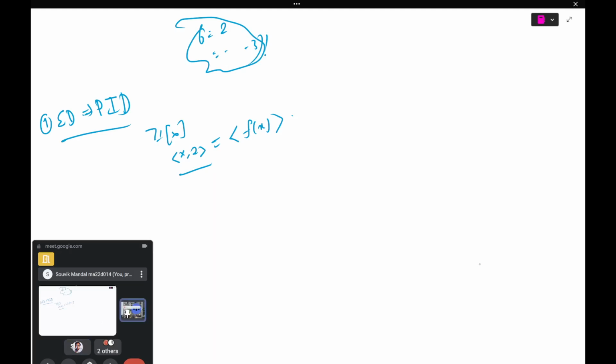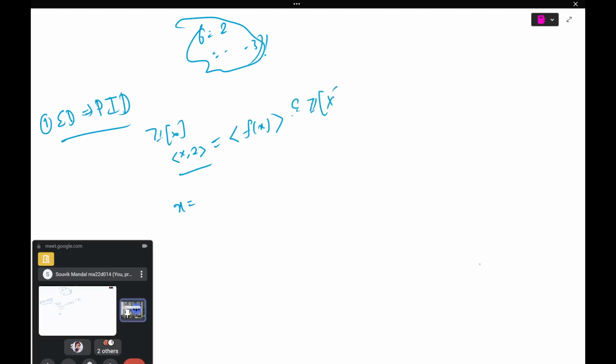Now tell what are the options. Since the ideal is generated by f(x), we write x in terms of f(x): x is equal to some element of ℤ[x] times f(x).